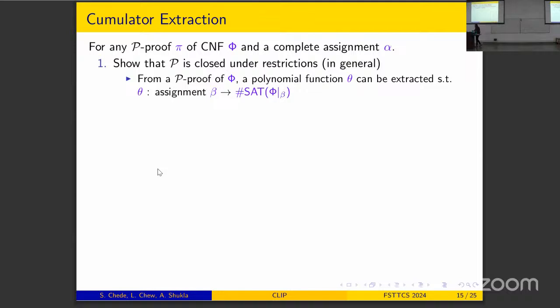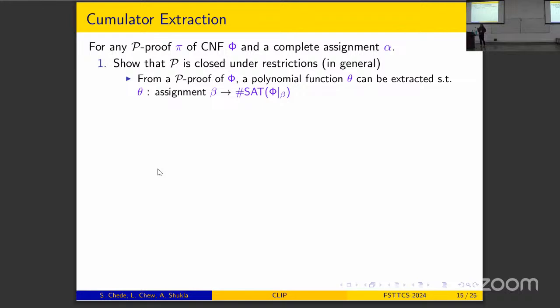Now, first, let's say we are considering some P system. Then we will have some proof of it. The first step is to prove that the system is closed under restrictions. I think many of you know what it is. Given a proof and some partial or complete assignment alpha, you follow that in the proof and restrict all the lines that are not consistent with this alpha.